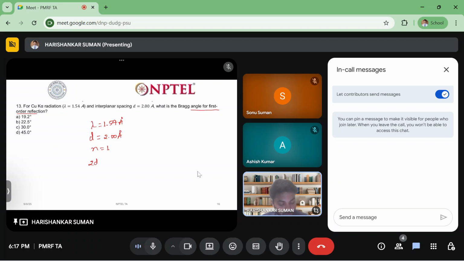So you can use the Bragg equation 2d sin theta equal to n lambda. Put these values in this equation and please find theta. Let me know the answer, then I will discuss.